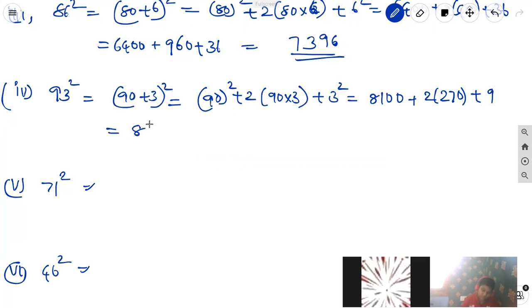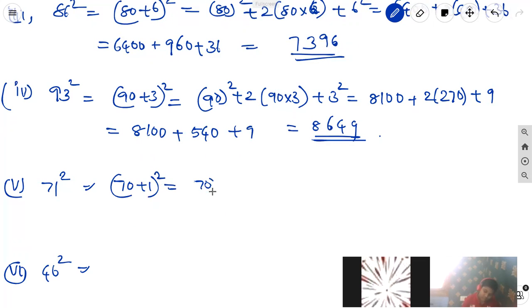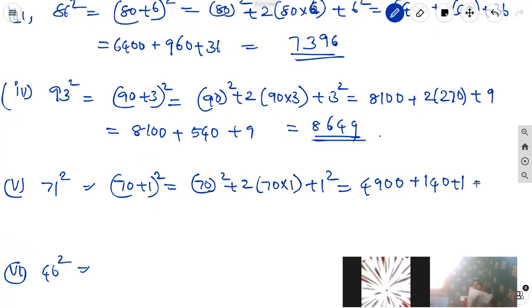It is equal to 8100 plus 540 plus 9. It is equal to 8649. 71 square. 70 plus 1 whole square. First number square plus 2 into first number into second number plus second number square. 7 sevens are 49, 4900, plus 2 into 70 is 140, plus 1 is equal to 5041.